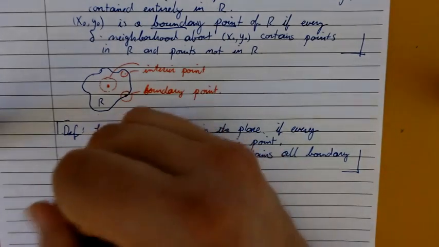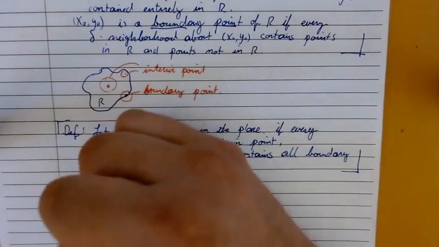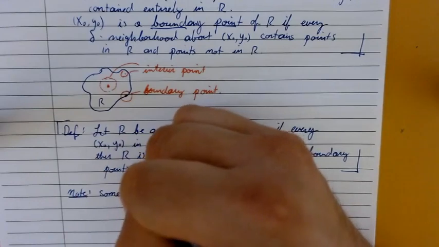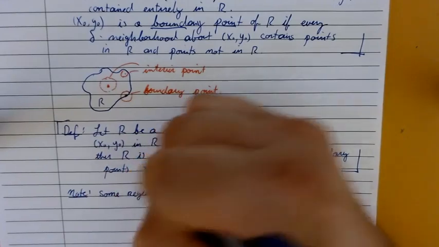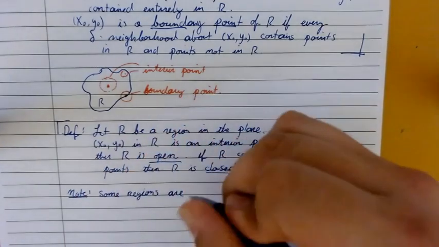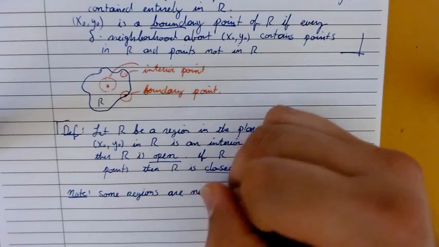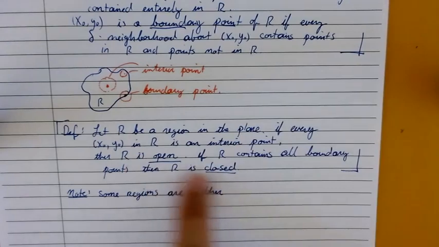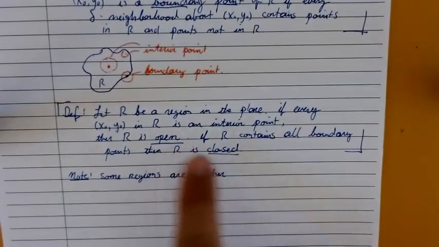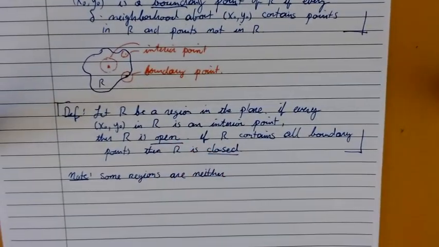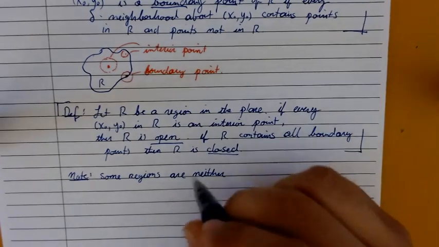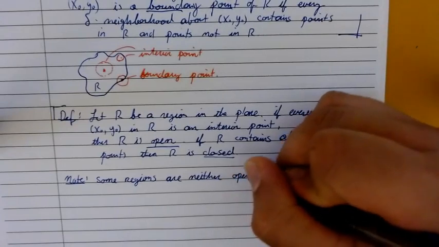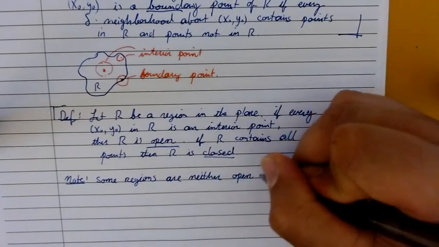In any event, some regions are neither open nor closed. That naming is a little unfortunate because usually in everyday parlance, open and closed would be opposites. But here they're not. It's possible to have a region that's neither open nor closed.